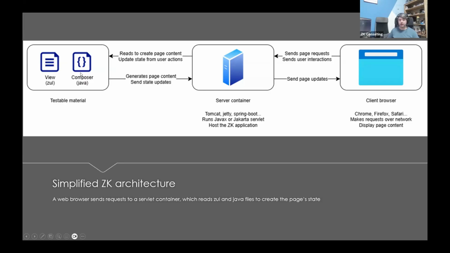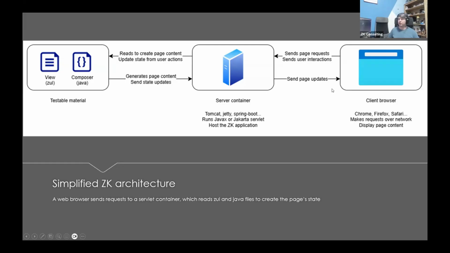If you're using Richlet, you can also test Richlet with that. It's a bit off topic for this discussion, but just know it's possible. The servlet container, with the data and the structure provided by your ZUL and your Java file, is going to generate your page. And when sending updates, it is going to generate the new state of the page and send a page update to the client browser.